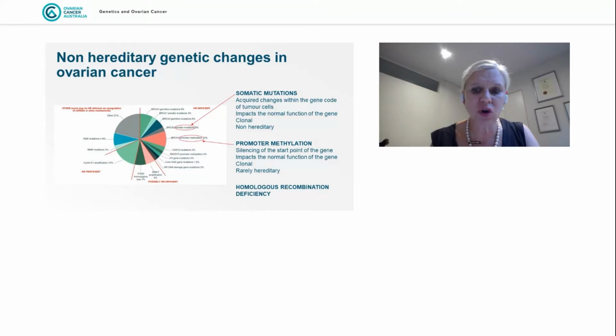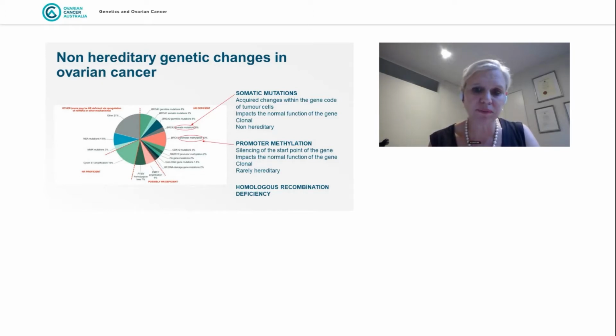When someone talks about something being clonal, it means that as the cells reproduce within the tumour, as the tumour cells grow and divide to make new cells, those same mutations are present. But generally, as a tumour has been there for a longer period of time and the more generations of cells or the more cells that are produced within the tumour, the more mutations are acquired within the tumour itself.